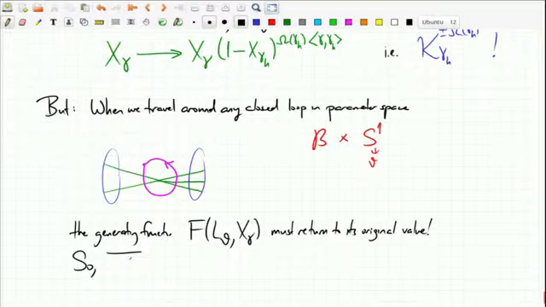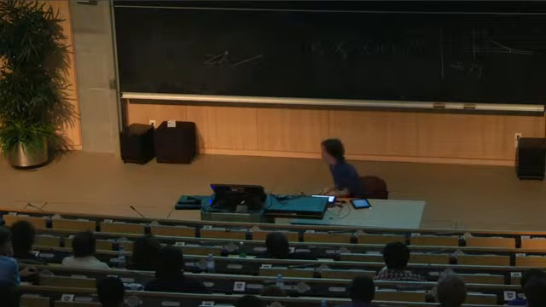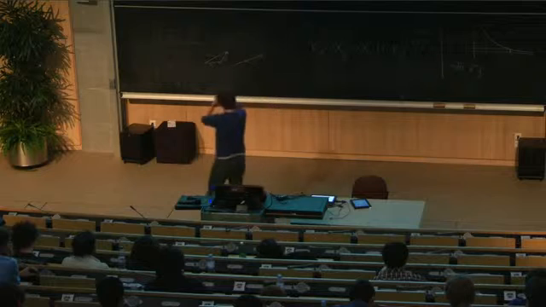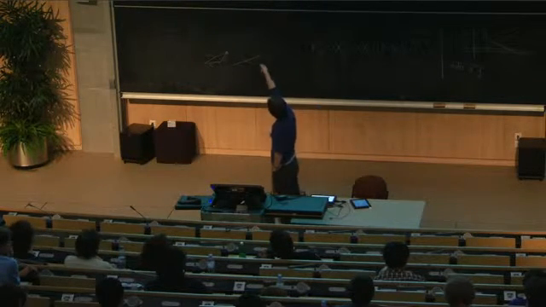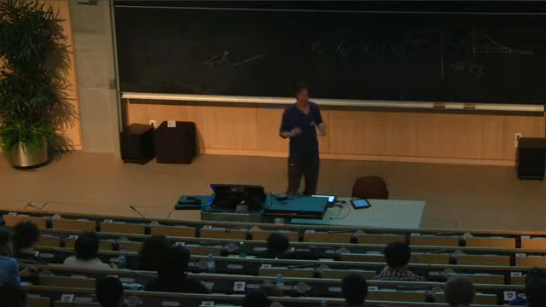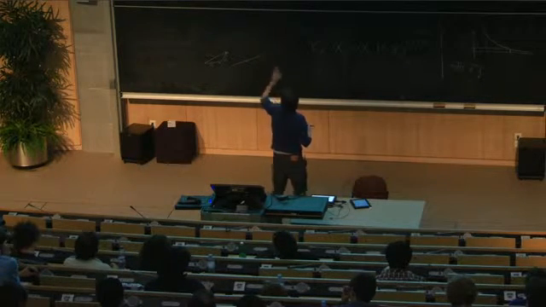The composition of those 5 automorphisms, that's some transformation of variables which has to preserve this little generating function. Now what we'd like to conclude is that this product is actually the identity. That was the KS wall crossing formula, that this complicated product of automorphisms should actually be the identity.